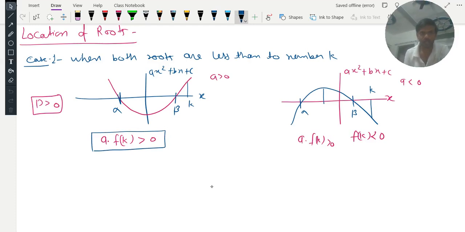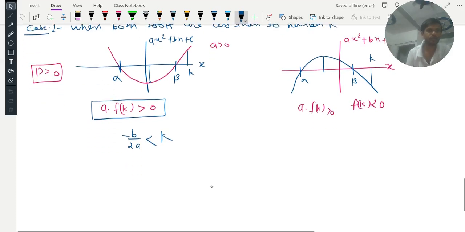And there is also the midpoint, or we can say the vertex of this parabola, so minus b upon 2a is always less than k. From this we can analyze the location of roots, and if there is any problem in which we have to find the value of a constant, we can find that constant value.